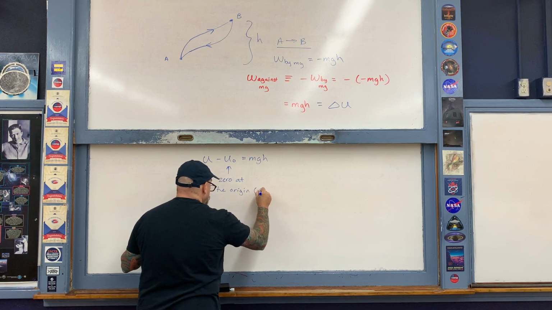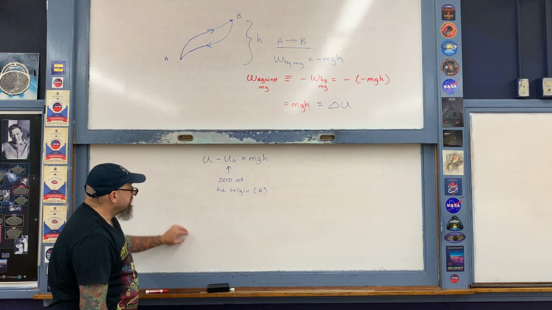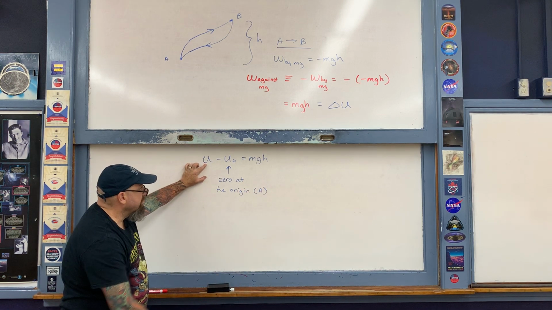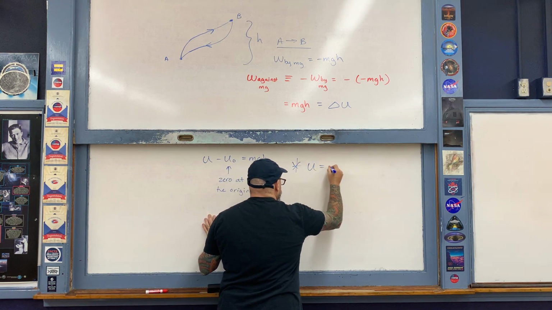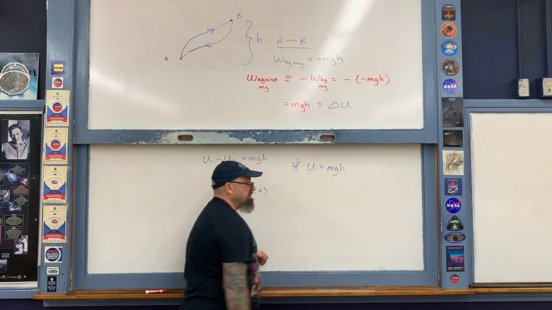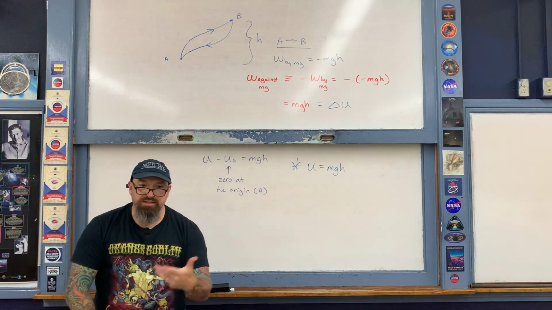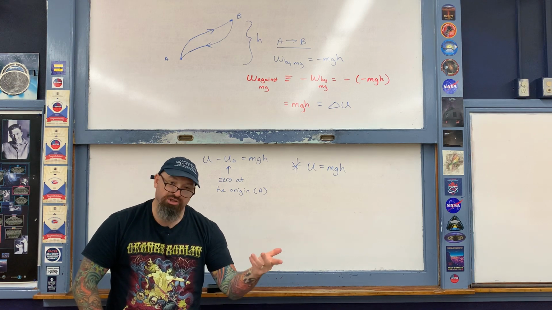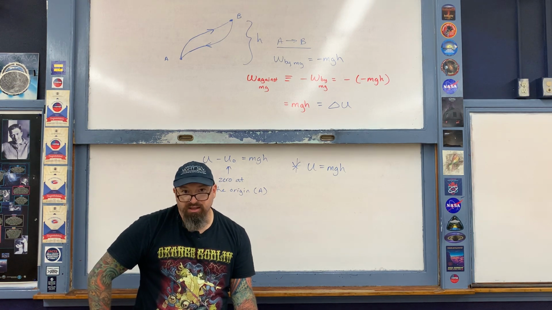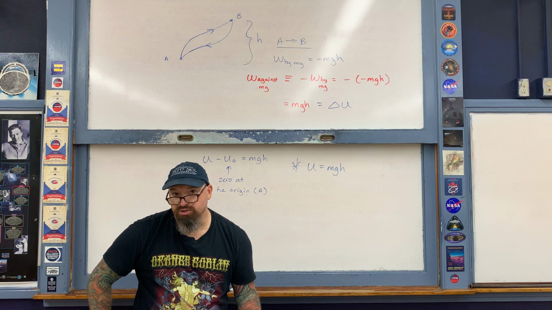That is position A on the diagram. So then therefore the final potential energy at point B on the diagram above is equal to mgh. This completes the mathematical steps of what I originally outlined just qualitatively at the beginning of this process a couple of videos ago.